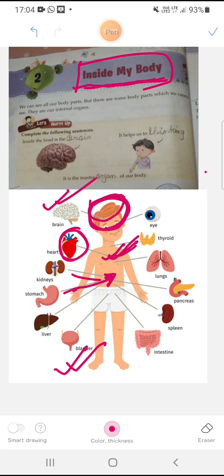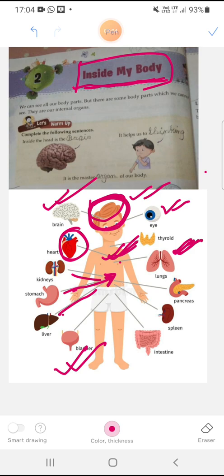Then the liver is also there, and the lungs, the organ through which we breathe and purify our breathing air, the air that is mixed with oxygen. The lungs are very important, because they help us to keep alive. All these organs are very important.